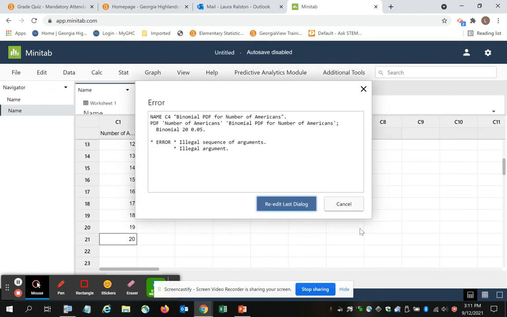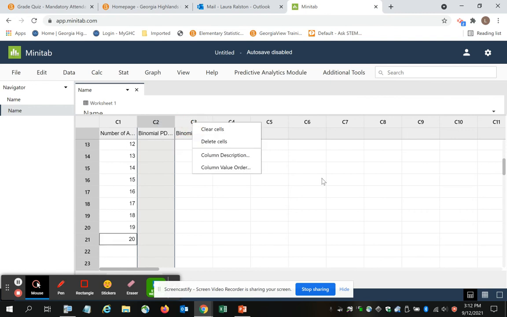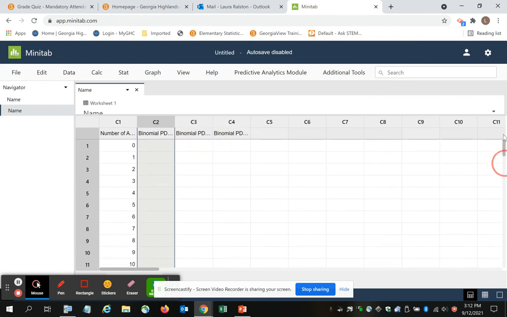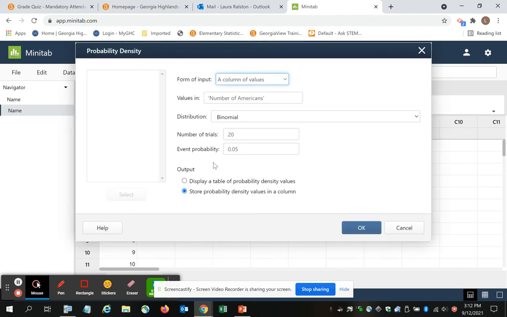Illegal sequence of arguments. Okay, I got some kind of error here. I'm not sure what it is. Okay, but we entered our number of Americans. Okay, probability distributions.